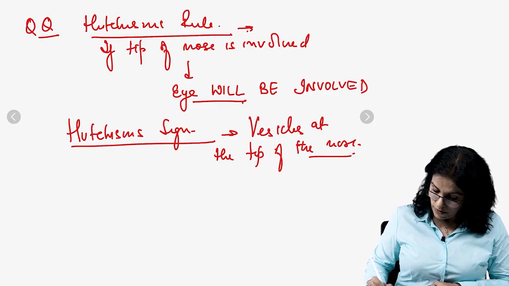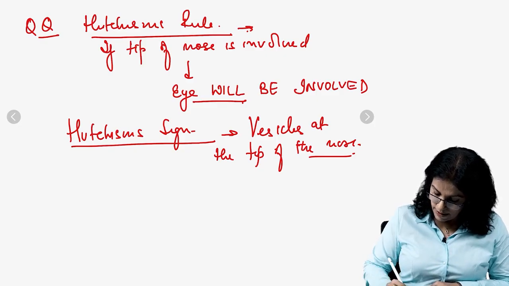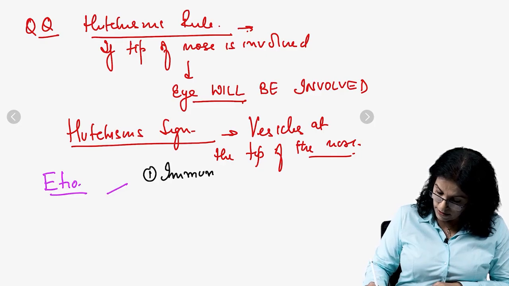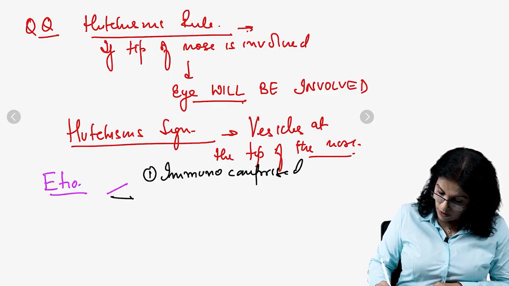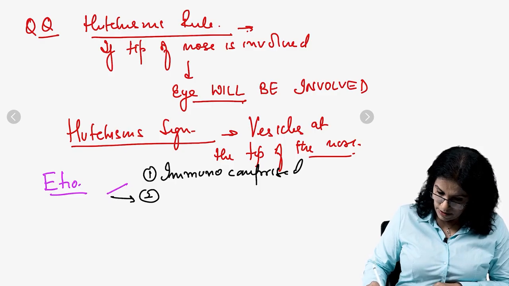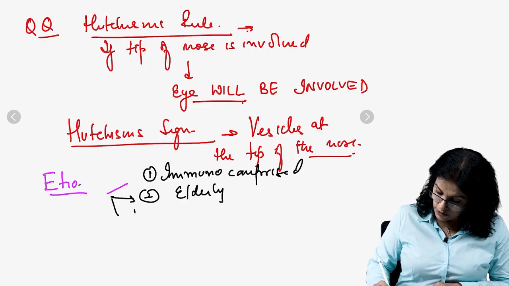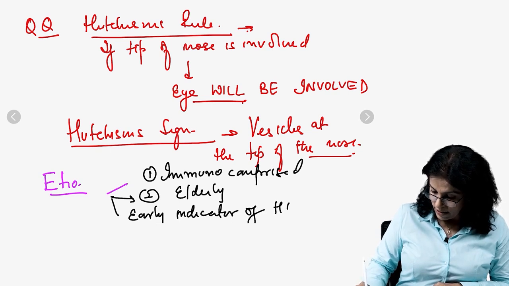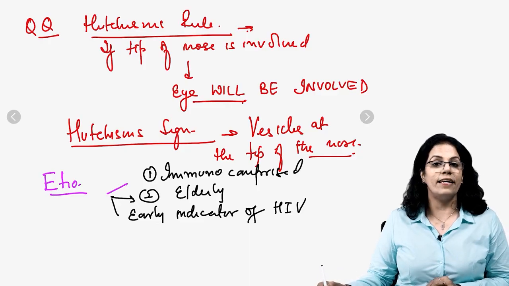So we will note down here, when you talk about HZO, what is the etiology? Give the heading. Etiology is number 1, if the patient is immunocompromised, or number 2, it is more common in elderly patients. We should also not forget that it can just be an early indicator of HIV.